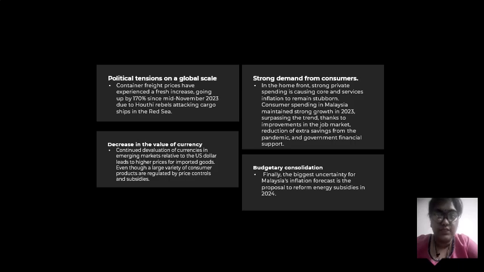The next point is strong demand from consumers, which means everybody was affected during the COVID times. We had a lot of losses during the pandemic, and maintaining strong growth in 2023 was hard.